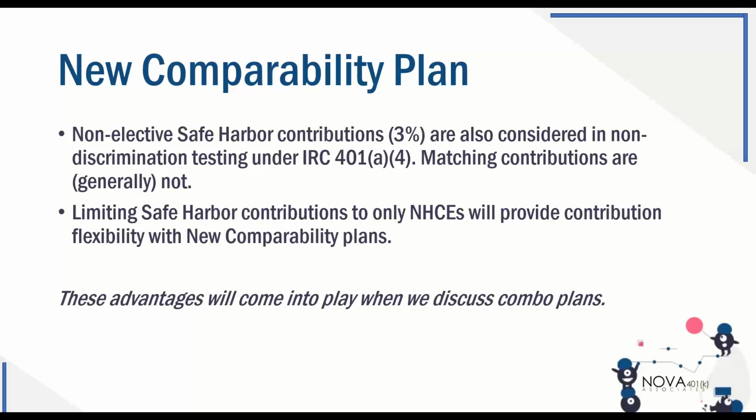So those percentages are not included for the staff. The 3% non-elective contribution is included. So when you get an illustration back and we've shown you a 3% non-elective for a plan that currently has a match, that's why we're doing it.